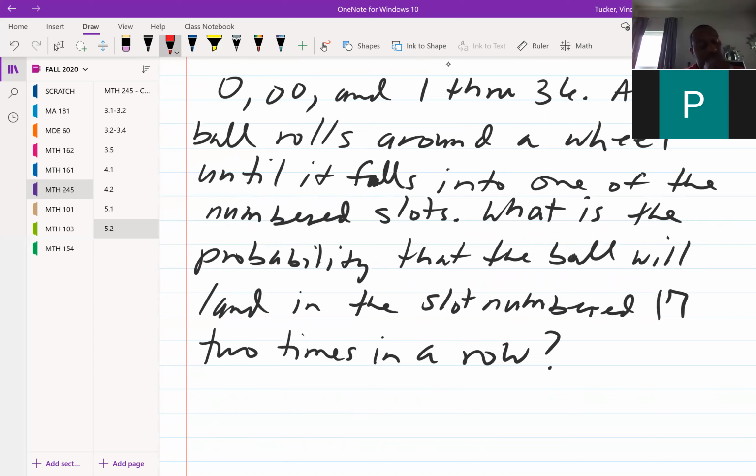All right. So first thing we need to establish, and make sure we're cool with, is the idea of dependence or independence. So these events are independent.